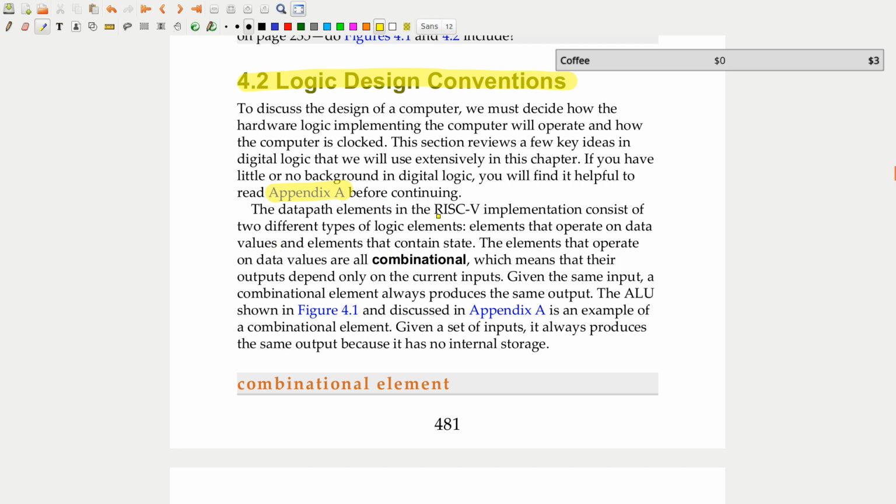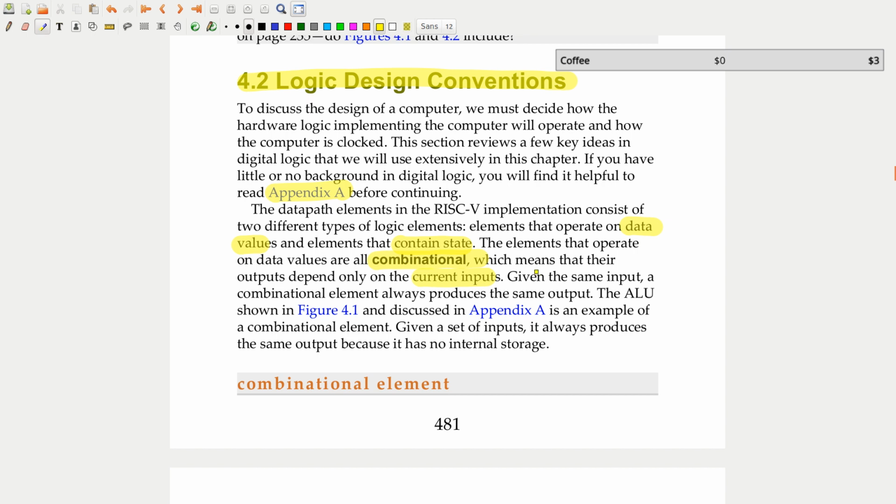So the data path elements in the RISC-V implementation consist of two different types of logic elements. So elements that operate on data values, and then others that contain state. So we call things that operate on data values combinational, which means that their outputs only depend on their current inputs. And then the other ones we typically call sequential.